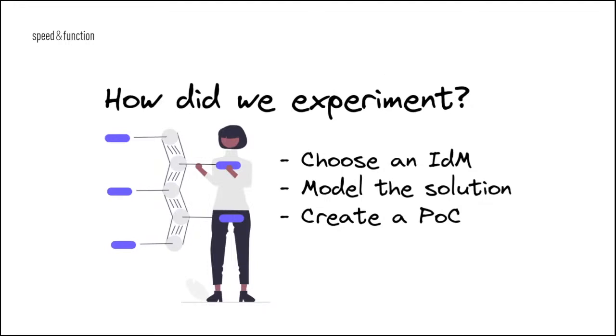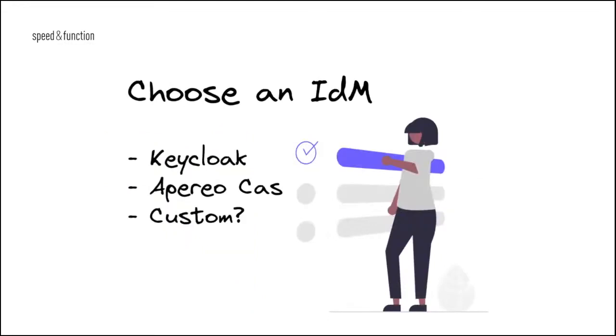In order to do that, we're going to go through the how, and we're going to start with choosing an IDM. Stating up front, there are a lot of open source identity management solutions that are pretty good, or even better said, really good, on the market you can find and use.